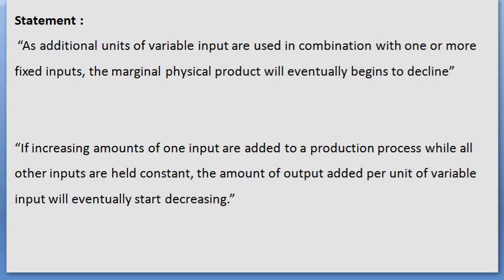First, the output added per unit of use of this input increases, then the output added per unit of variable input becomes constant, and ultimately the output added per unit of variable input starts decreasing.